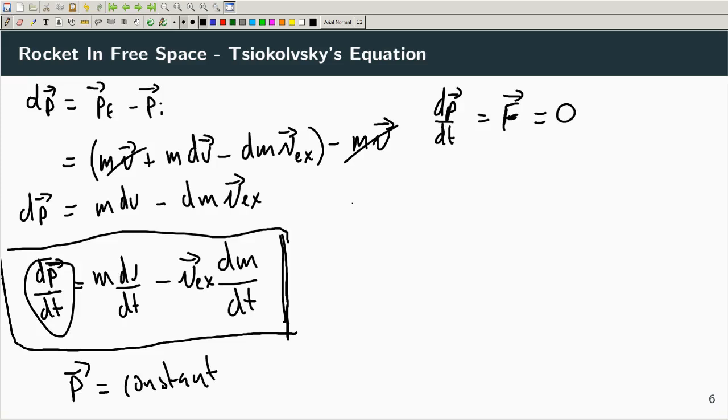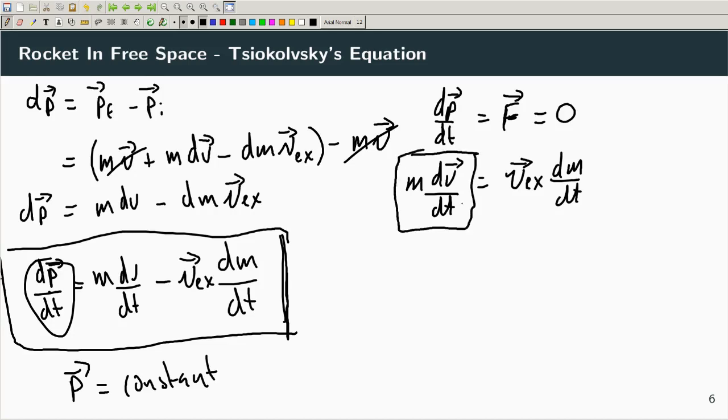So, rearranging this equation here, knowing that the external force is equal to 0, we have, now, since we are working in one dimension, it's clear that the exhaust velocity is in the negative x direction, and the thrust, which is this term here, is acting in the positive direction in our reference frame.